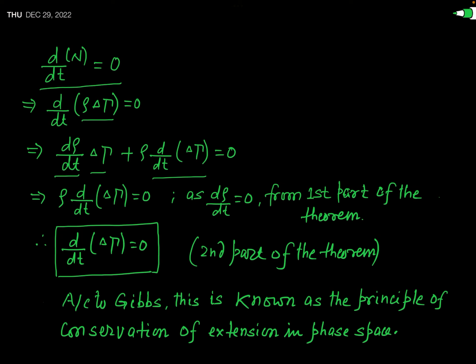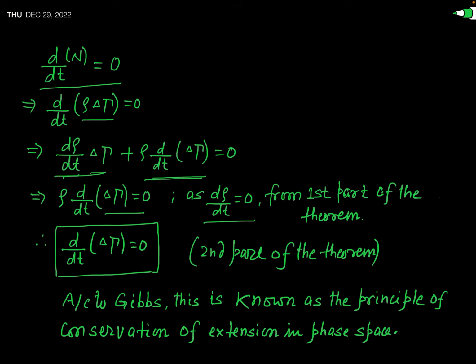But from the first part of the theorem, you have just proved that d rho by dt is equal to 0. So the first term vanishes, and we can say that the second term, rho times d/dt of delta gamma, is equal to 0. But rho is not 0 because it is the density distribution function.